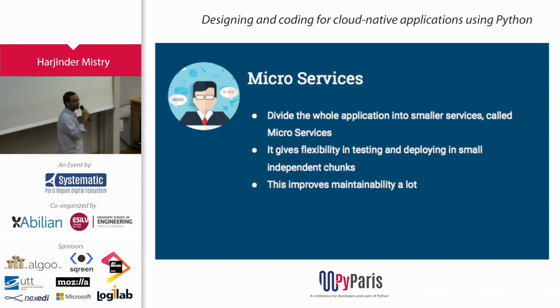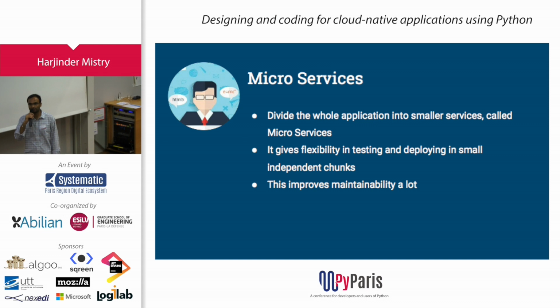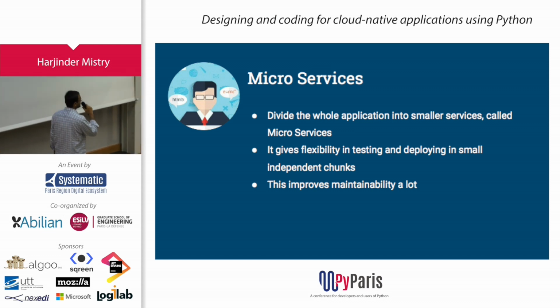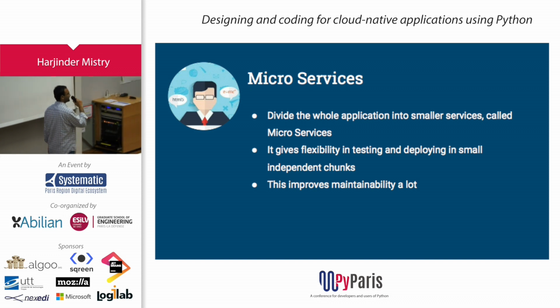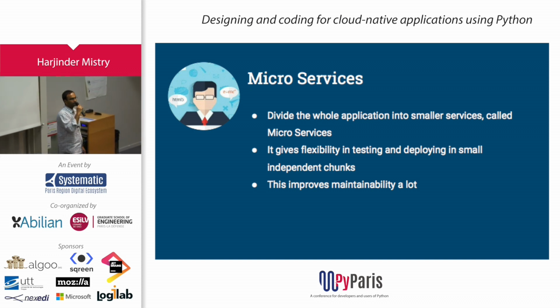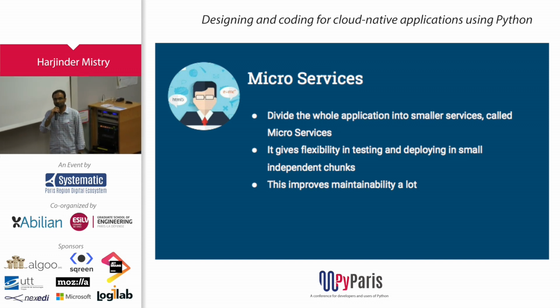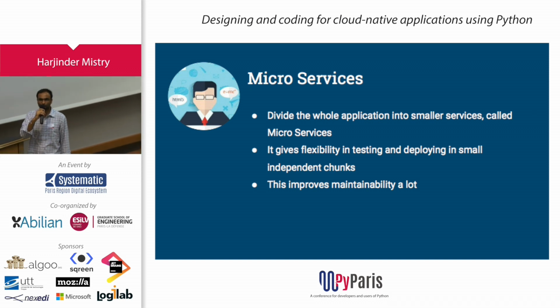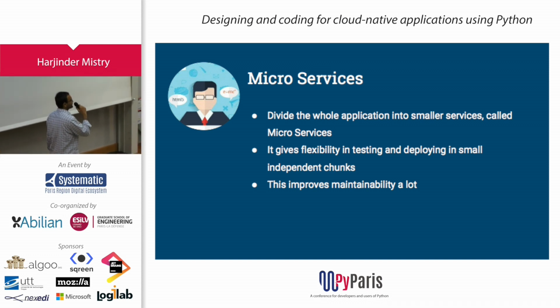So Sheer also mentioned microservices in his talk. And in my opinion, microservices give you a lot of flexibility in terms of maintainability. Maintaining a big architecture is really a pain. If you don't break your application into a set of microservices, which are actually independent chunks, then, as we just mentioned, maintenance, which means reproducing the bug, fixing the bug, testing the fix, and so on, takes its own toll.